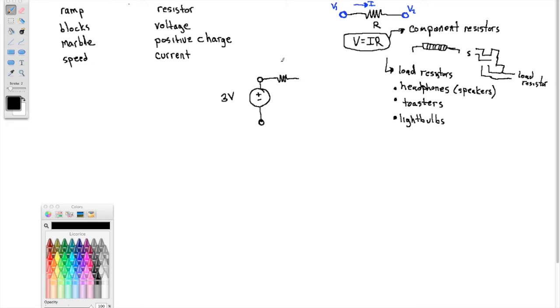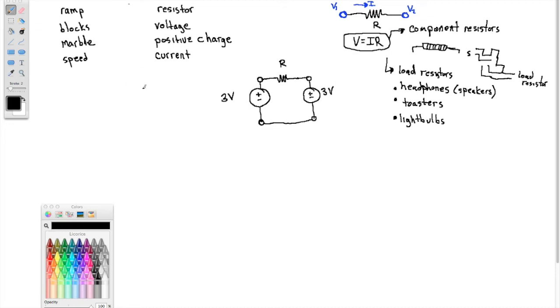Okay, here's our resistor. And let's say there's another voltage source over here. And the 2 voltage sources are connected. So we'll make this 3 volts.